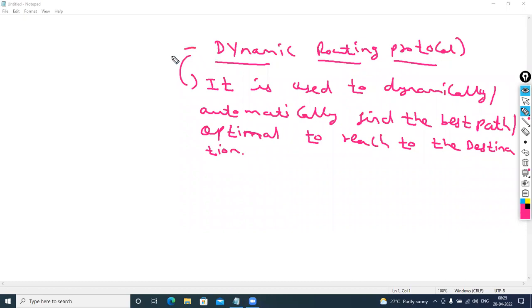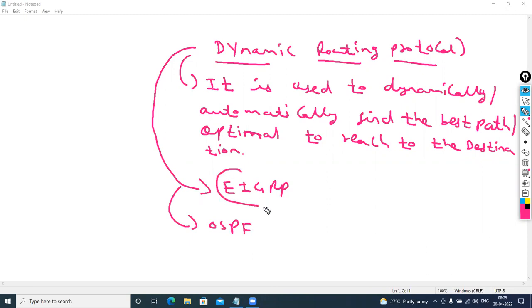In dynamic routing protocols, in your syllabus, we have two protocols, that is EIGRP and OSPF. We'll be starting with EIGRP. We'll finish off EIGRP and then we'll start with OSPF.